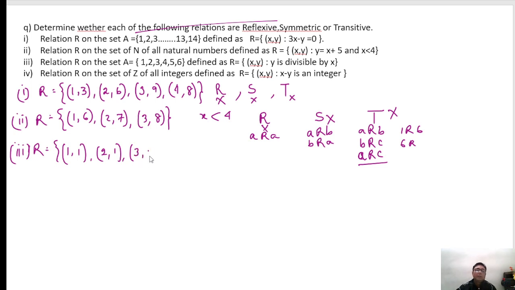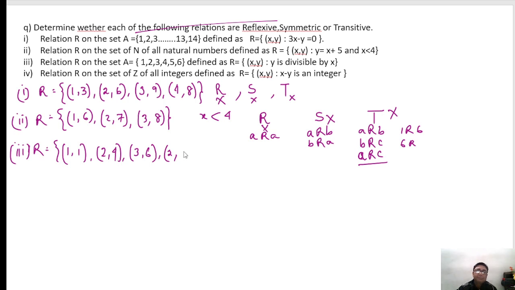No, I'll take 3 comma 6, sorry. Then I will take 2 comma 4. Y is divisible by x. Sorry, this part is a little bit wrong, let me erase it. Okay, so we have to always take number y bigger than x so that it is divisible. So this will be 4 comma 2.